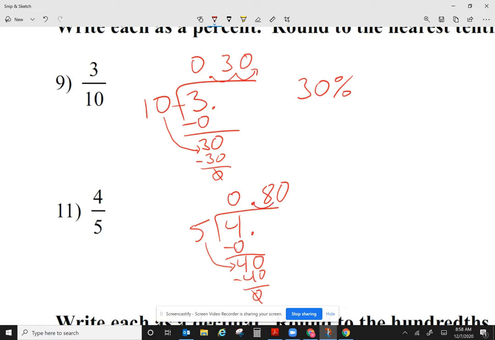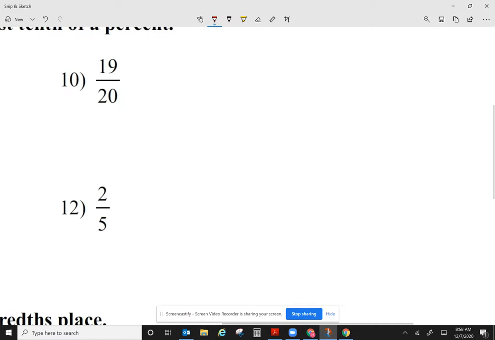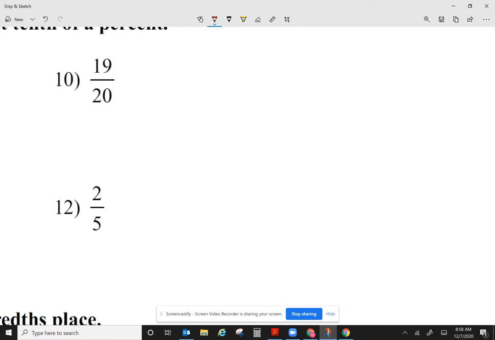So now that I moved my decimal point 2 places to the right, I get 80%. So once again, get the decimal first, by using division, and then move the decimal point 2 places to the right.